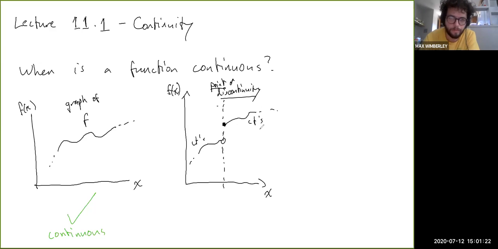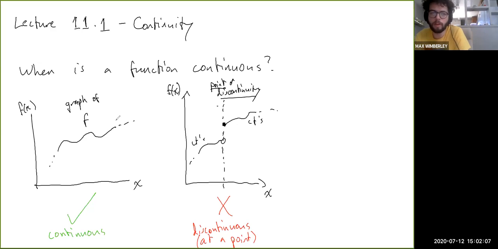If you just restrict your attention to a piece of the function over here, and ignore what's happening at this point, the function looks continuous over here. I can draw this curve right here without lifting my pencil. So it's really just this specific point that's a problem. So this is discontinuous at a point.